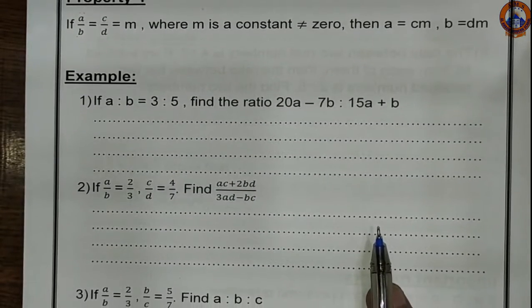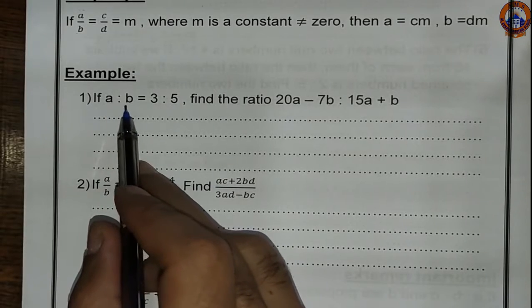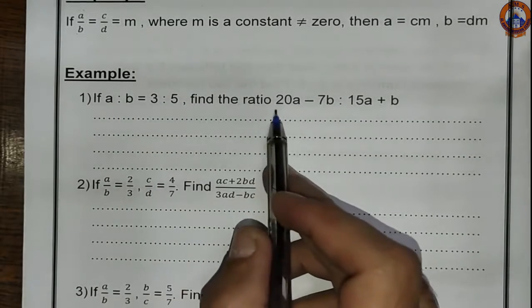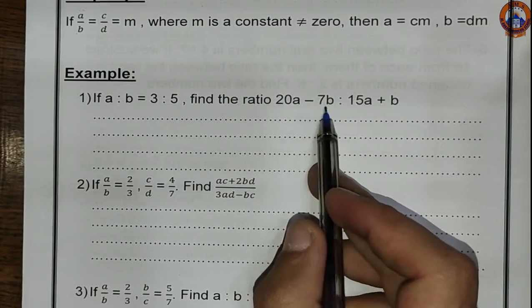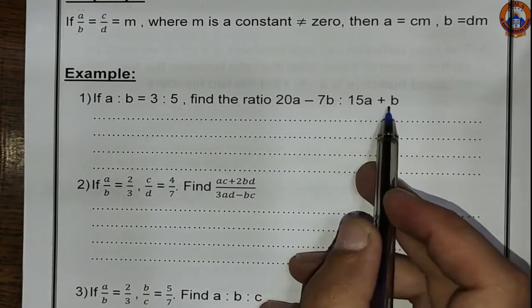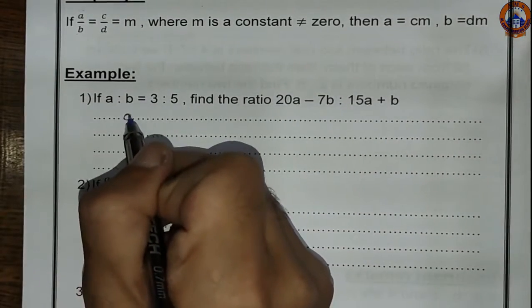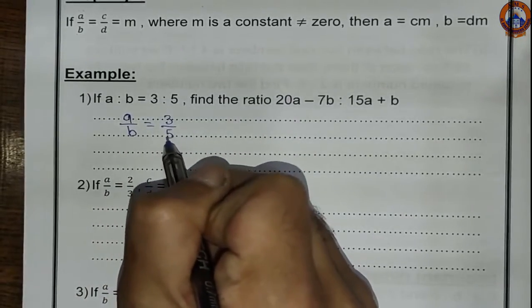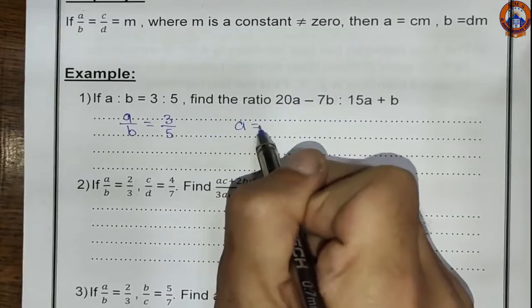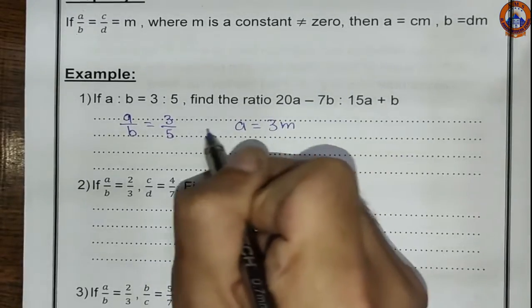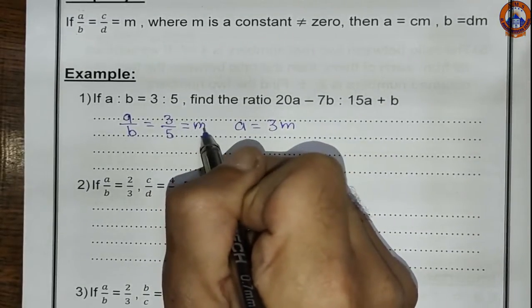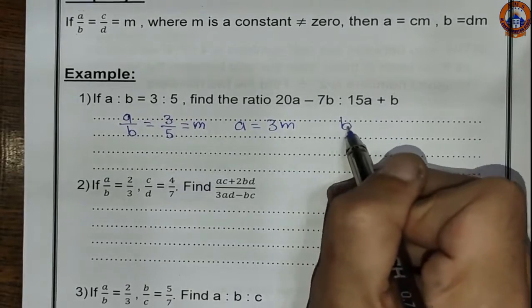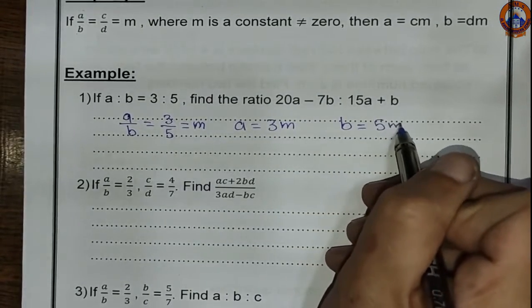Let's take an example. If a to b equals 3 to 5, find the ratio 20a minus 7b to 15a plus b. So a over b equals 3 over 5. So the value of a equals 3m if we call this ratio equal to m, and b is going to be equal to 5m.